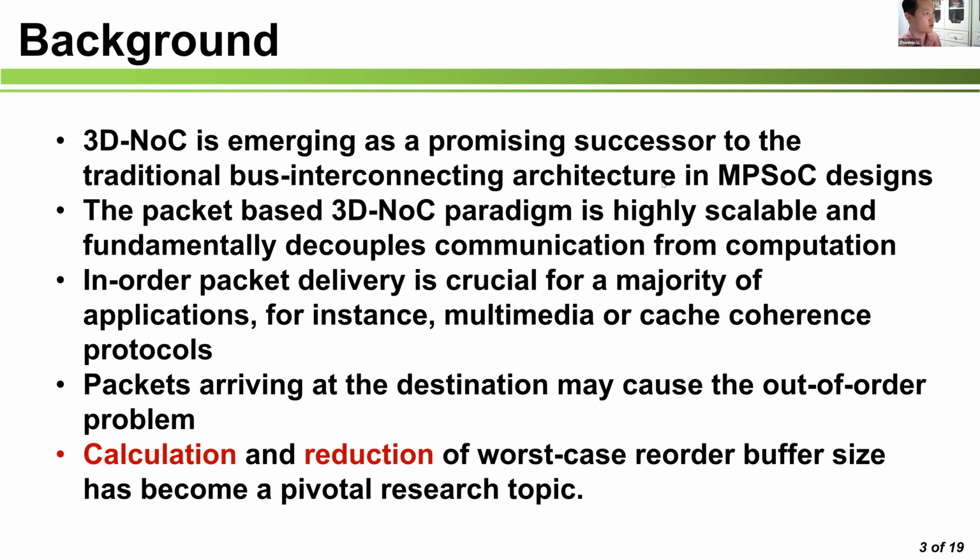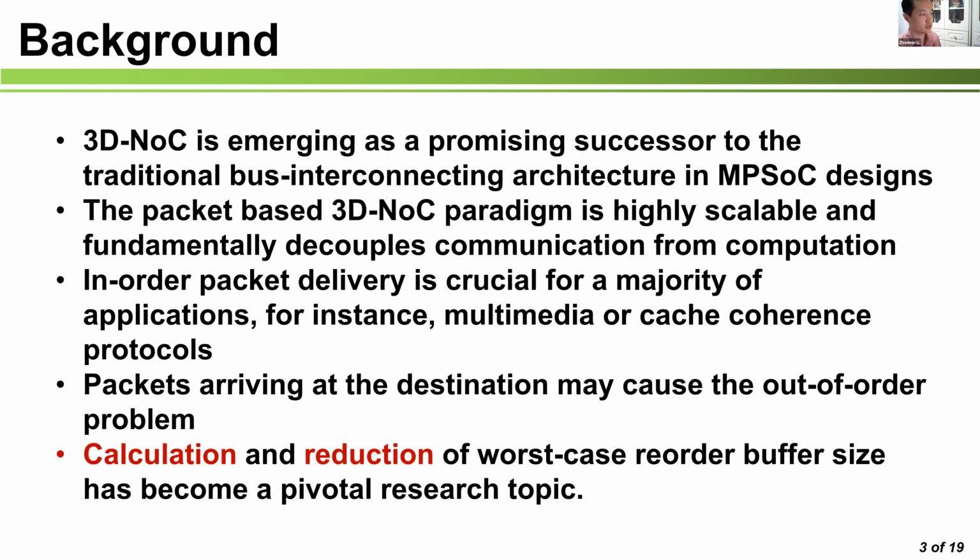One of them is in-order packet delivery. It is a crucial requirement for a majority of applications, for instance, multimedia or cache coherence protocols. The problem is that data packets arriving at the destination may cause the out-of-order problem. So calculation and reduction of the worst-case reorder buffer size has become a pivotal research topic.